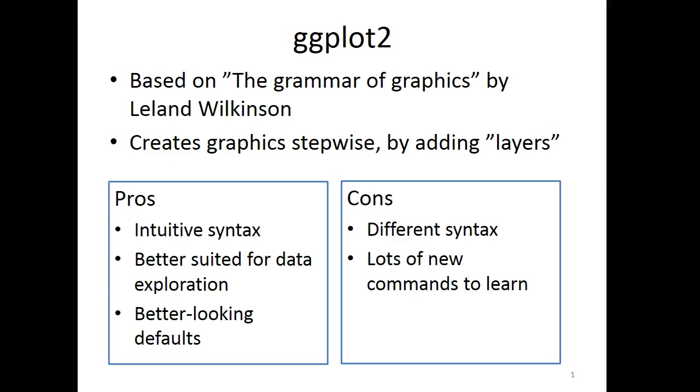For example, it's rather easy to associate data in your data set to aspects of the graphics, such as colors, shape of lines, and plot characters and so forth. It also has automatic legends when you connect some sort of data to the output. Also, the default settings in ggplot2 tend to be better looking than its counterparts in the base package.